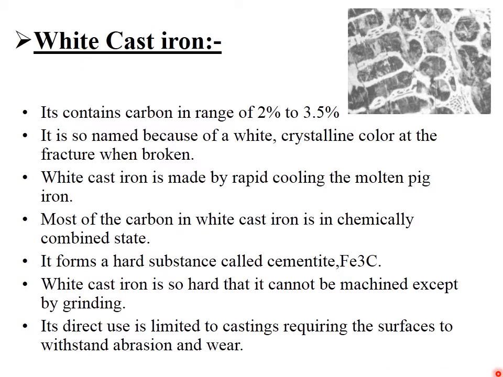So if I want to manufacture some component of white cast iron, I will select casting as the manufacturing process instead of other processes like machining. Why? It's very hard. Also, joining and welding will be hard because of Fe3C, the cementite or iron carbide component.